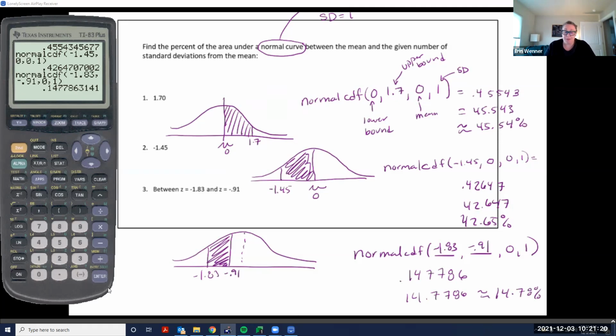So in this process, we already were given the z-scores, and so this process is what we're going to apply to the next problem, but we need to actually find the z-scores in the next problem.